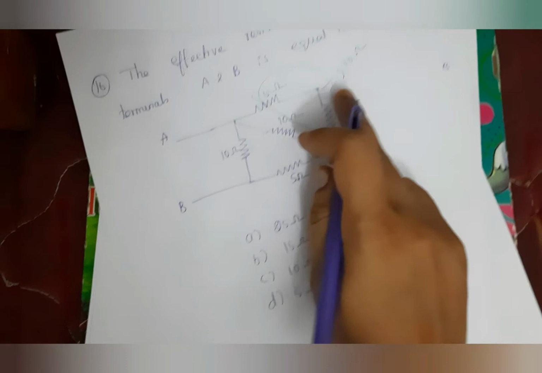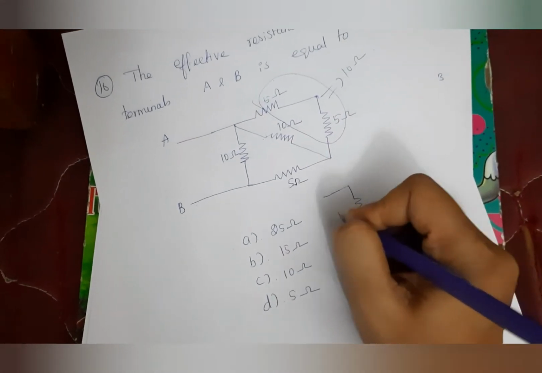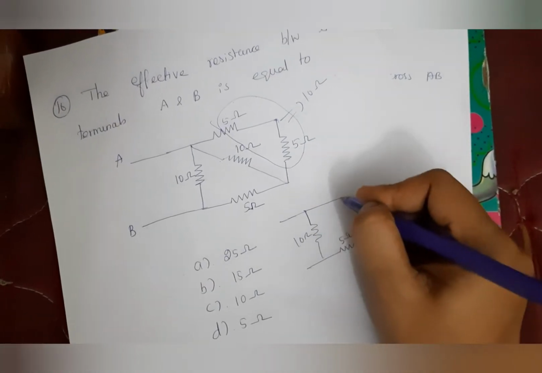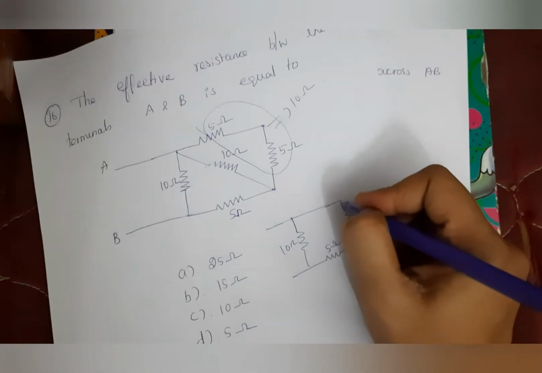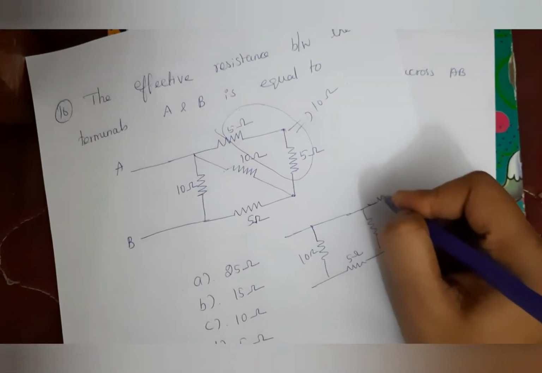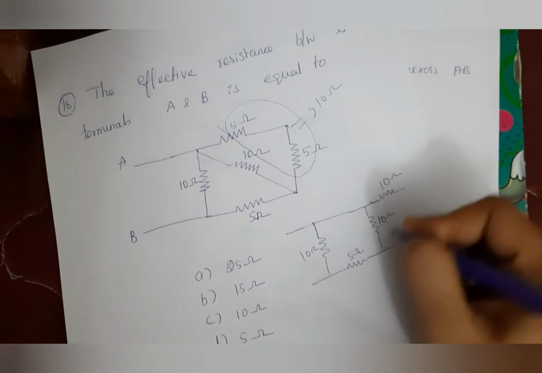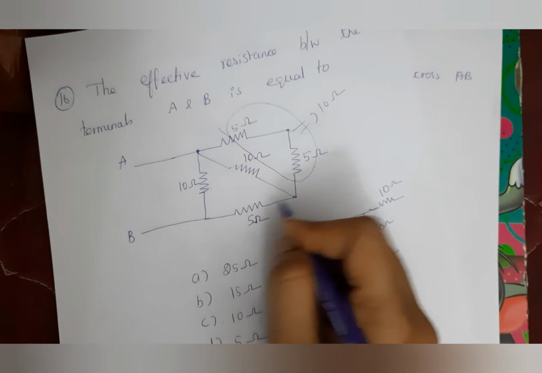So we can redraw this, this is 10 ohm and this is 5 ohm, and now this 10 ohm is connected to this line, and now we reduce this 5 plus 5 becomes 10, and this becomes 10. So now this 10 ohm is connected to before this point and after this 5 ohm.